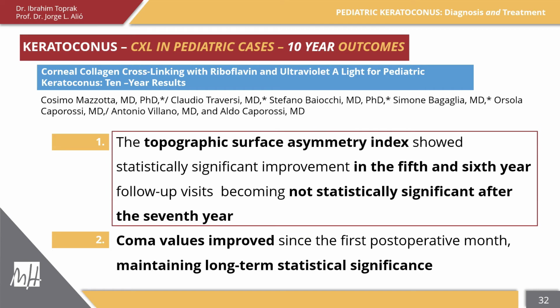On the other hand, according to the 10-year study, the topographic surface asymmetry index lost its significance after 7 years of treatment. However, Kmax values improved from the beginning and maintained their significance during 10 years.